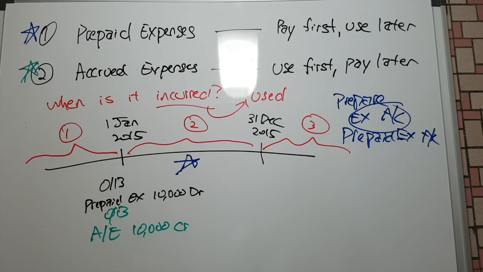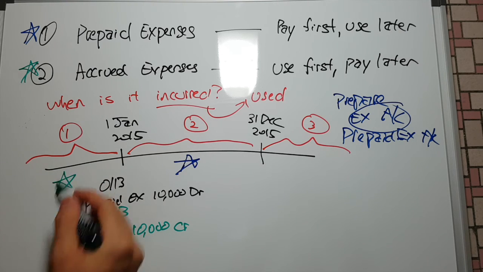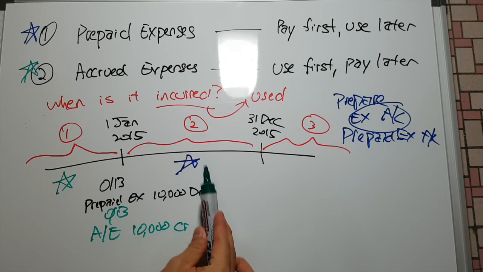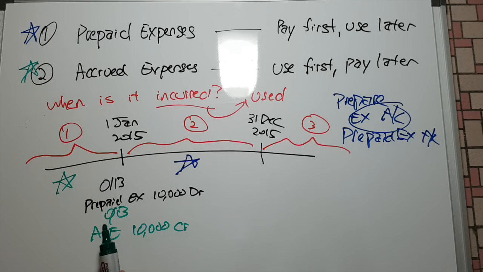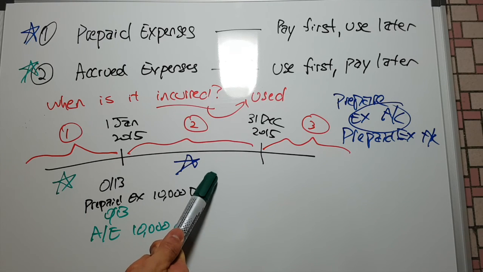If we have accrued expenses here, when did we use the expense? If we use first, it means that we have used it in period 1, and then we pay this year. That is what we mean by accrued expenses. You use first, then you pay later. That's why in period 2 this year we are paying it.